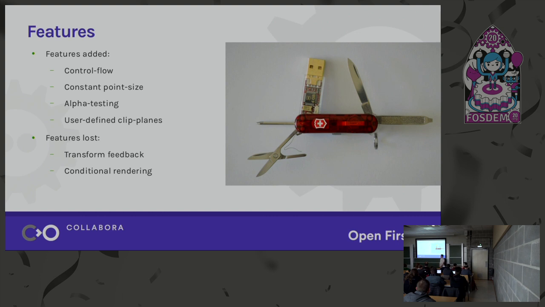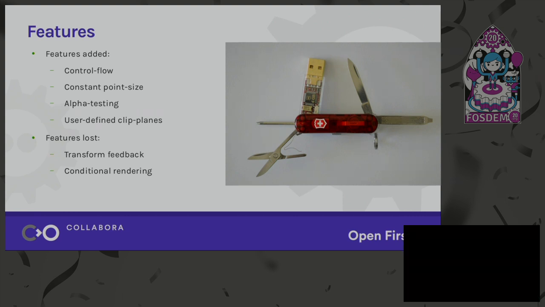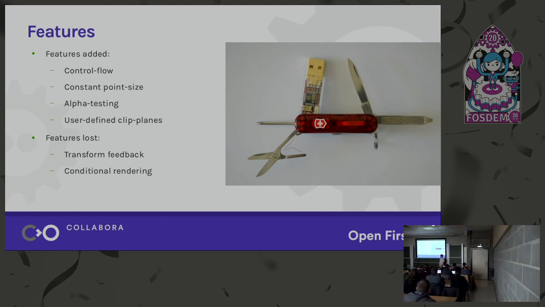We do alpha testing and transform feedback and conditional rendering support, because we re-engineered some of the way things are emitted and some how things worked, because the old thing kind of failed in a lot of cases.